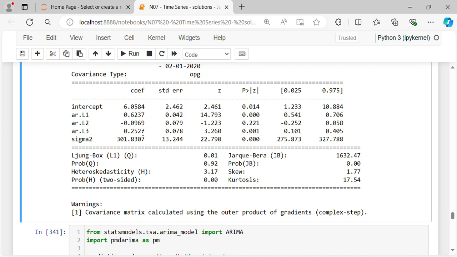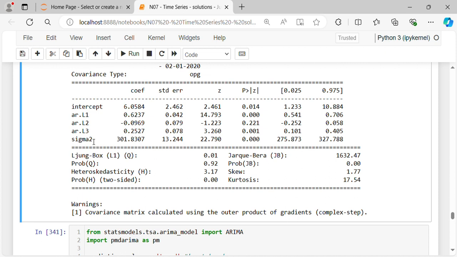IR.L2 is minus 0.0969, standard error is 0.079, Z is minus 1.223, and P is 0.221, and the 95% confidence interval is minus 0.252 to 0.058.